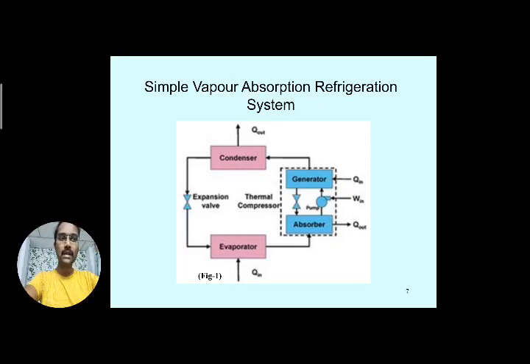So two substances have to be used. In the vapor absorption refrigeration system, the most used refrigerant is ammonia, and the next one is lithium bromide.